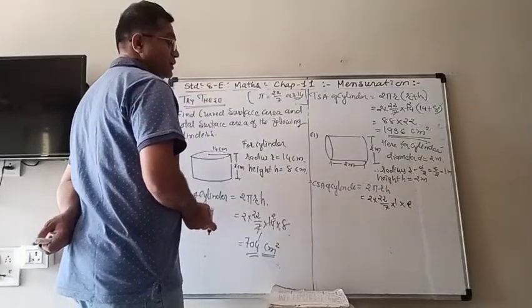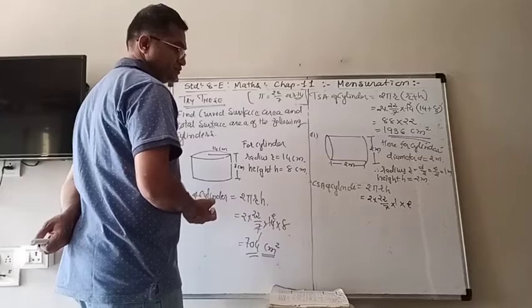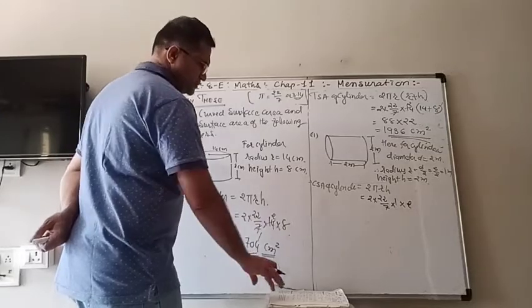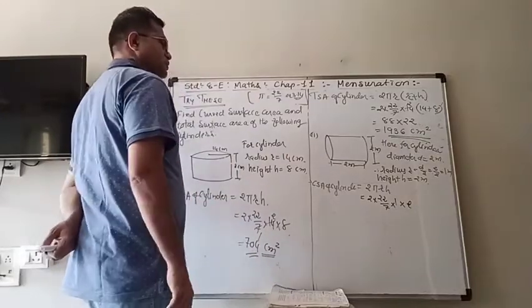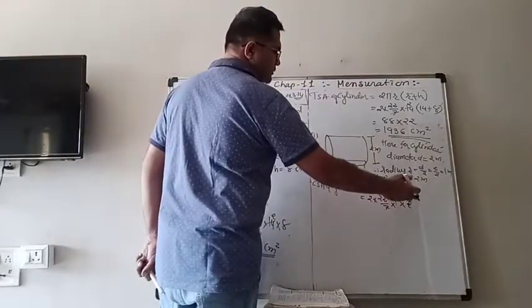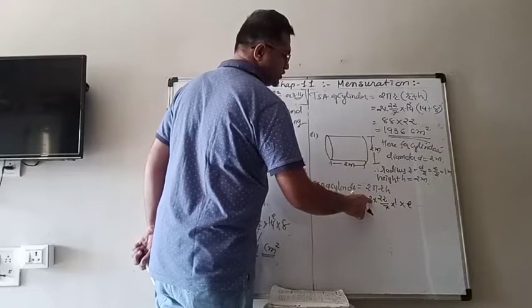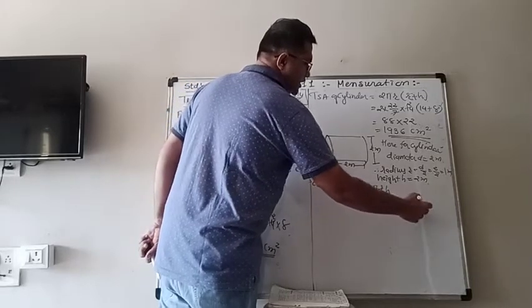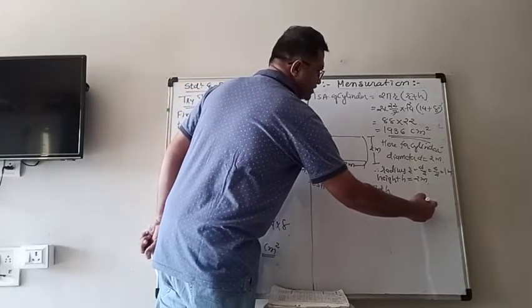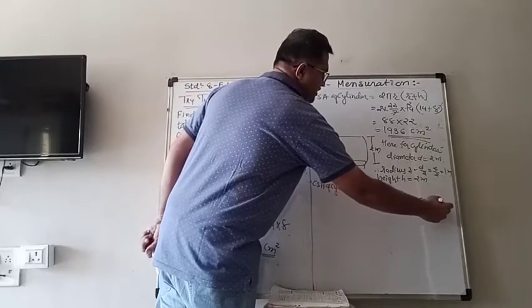So now here there is no cancellation because the denominator is 7 but there is nothing to cancel. So we have to just multiply. 22 twos are 44, 44 twos are 88. That is 88 by 7 centimeters square.